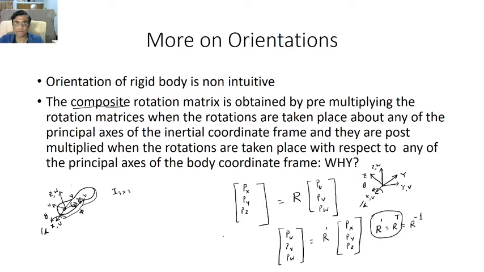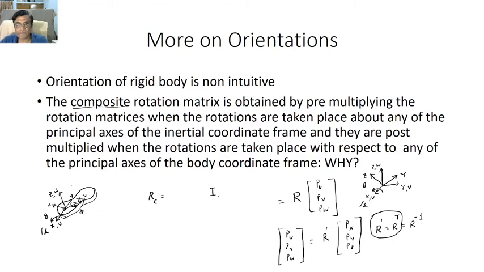Okay. Now see what is going to happen when we are rotating the body with respect to some of the principal axes of the body coordinate frame instead of the inertial coordinate frame. So again, fine. Our composite rotation matrix will be, so again we are assuming that this is when both coordinate frames are aligned to each other.